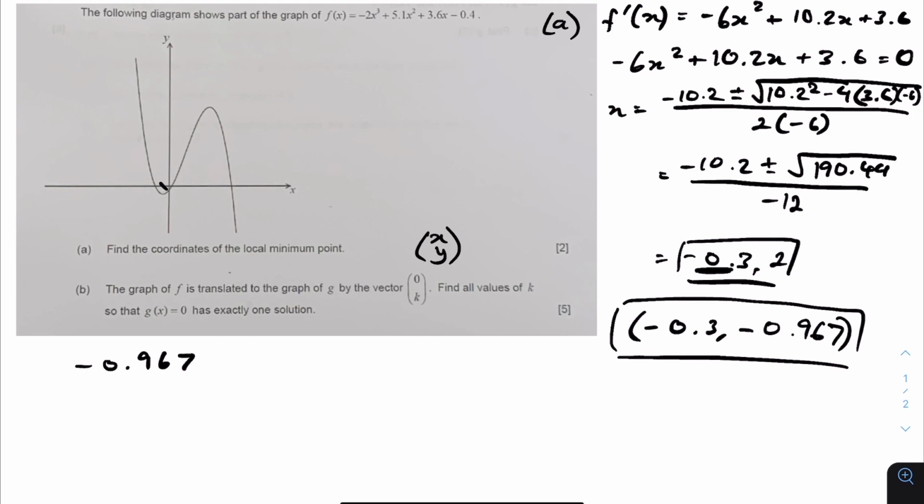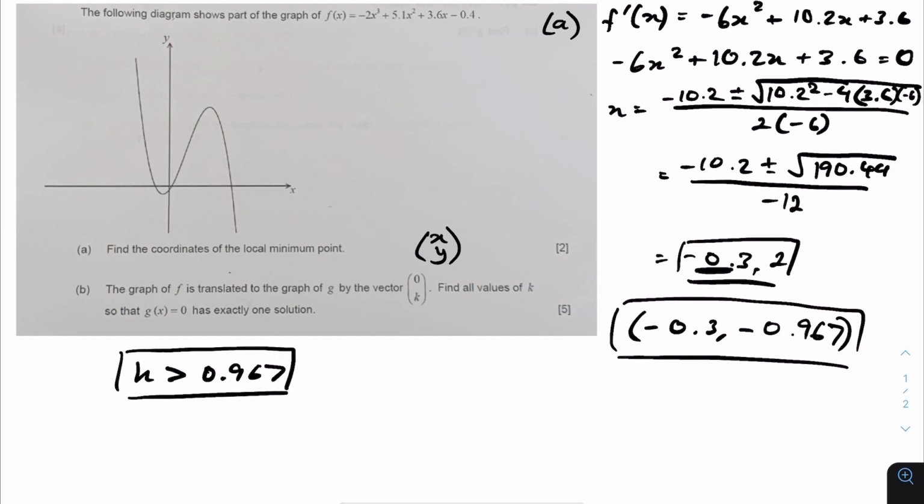This means that if k is greater than 0.967, then we've lifted the function completely above the x-axis. So our answer is k is greater than 0.967, because that's the point where this minimum point is above the x-axis and only this solution remains.